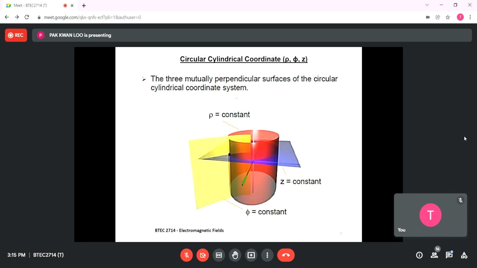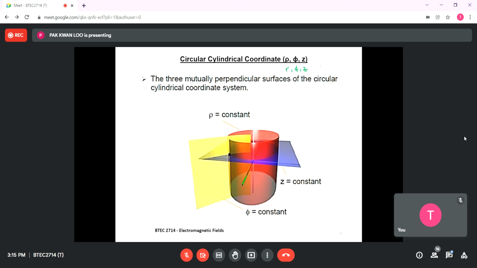So now come to cylindrical coordinates. Normally, for cylindrical coordinates, we have rho, phi, and z, and sometimes it is represented by small r, phi, and z. Some of you may ask, how do we differentiate between cylindrical coordinates and spherical?